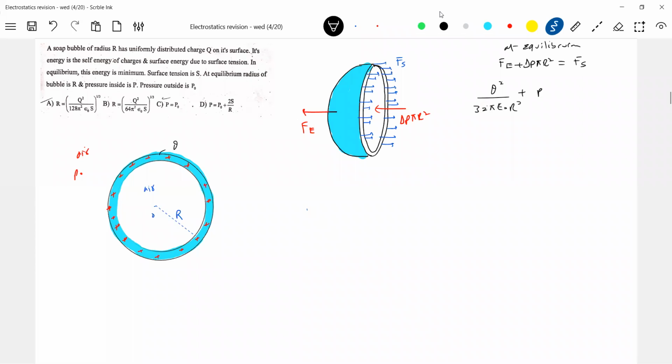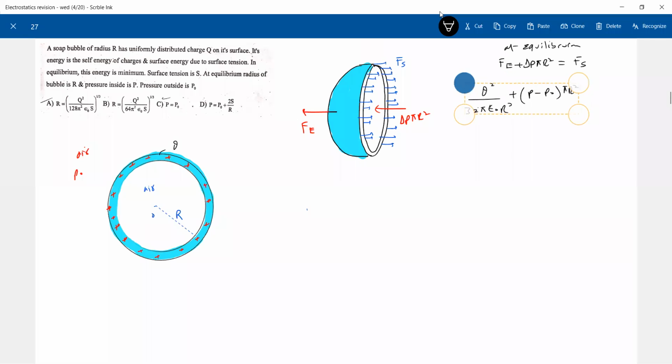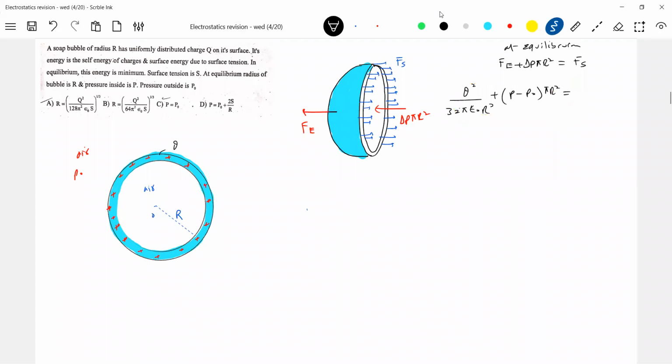Delta P is what? P minus P naught, pi r square equals force due to surface tension, 2 into 2 pi r, surface tension is S. Why 2? Because inner and outer surfaces are there. Both the surfaces, you can see inner as well as outer. Okay, call this equation 1.